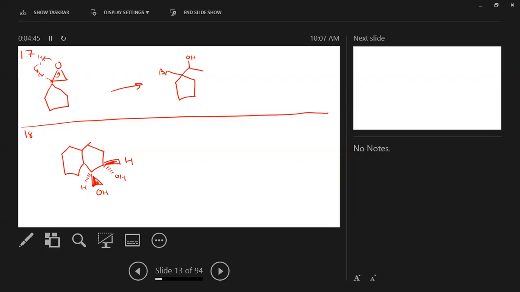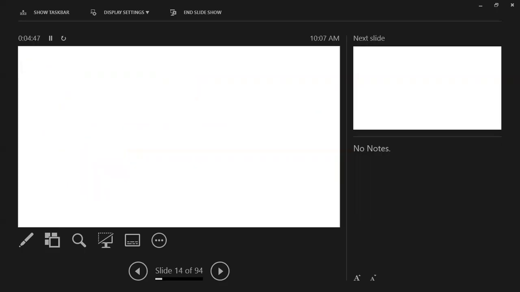So 19 is very similar to 17. So I'm looking at question 19. It's really similar, and we have HBr. So this epoxide right here is going to take a hydrogen from the HBr. That's going to be released, and then we just have to figure out where the attack is going to occur.